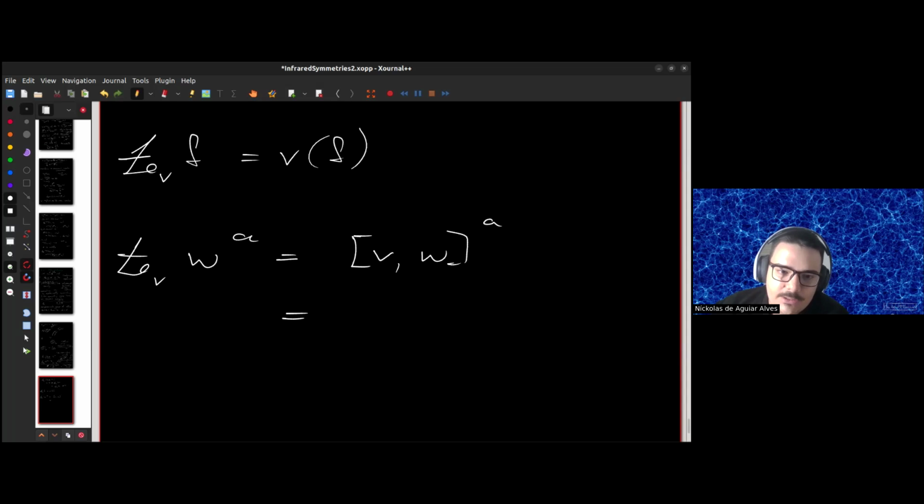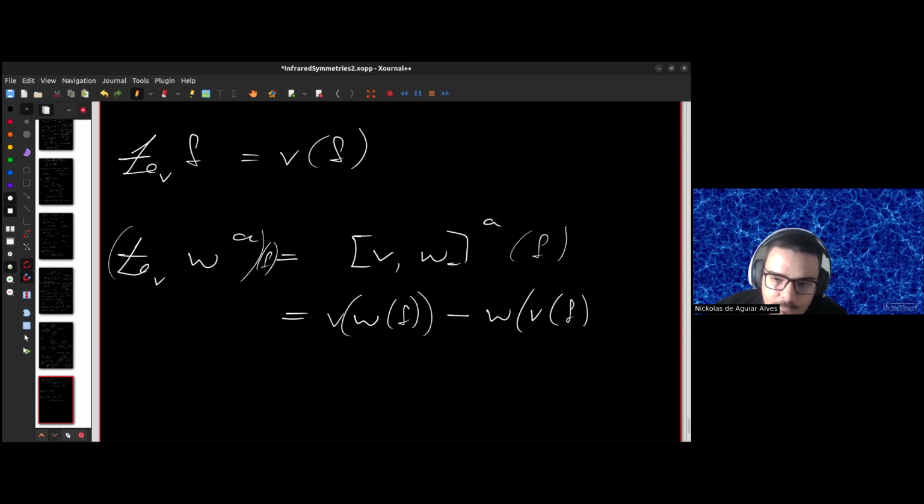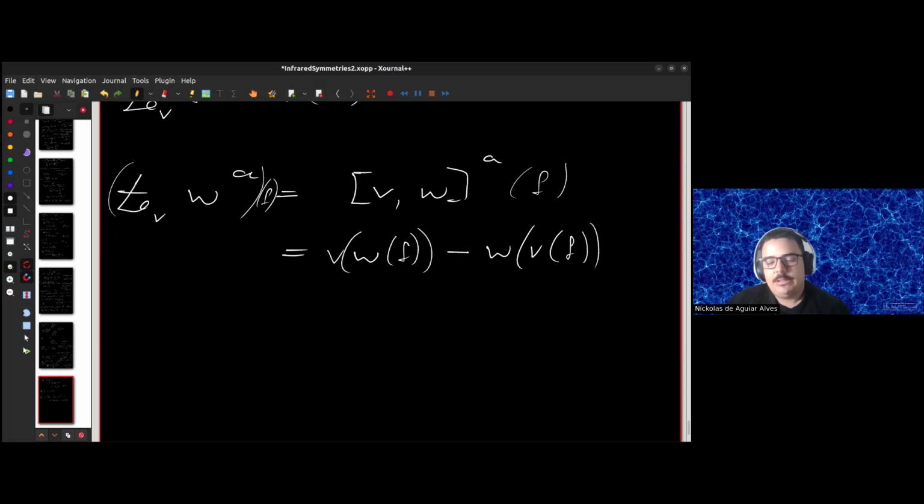First, let me write this. This guy here is going to be a vector, acting on a function f. If you feed the function f to this guy, what you're going to get is this guy here, minus W V alpha. So it is a commutator in the sense it commutes the two vectors.